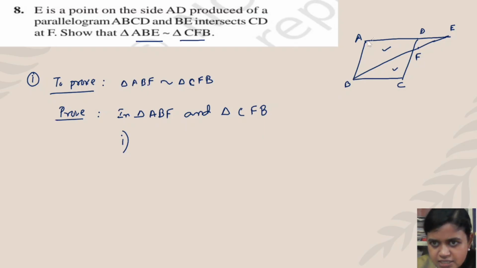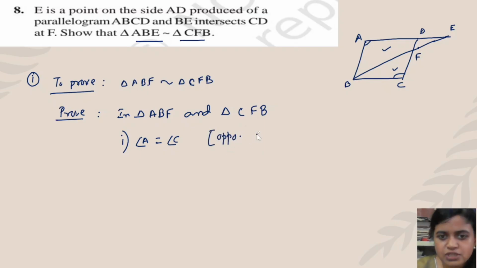So here you can see angle A and angle C are opposite angles of the parallelogram, and we know opposite angles are equal. So angle A equals angle C, because they are opposite angles of a parallelogram.